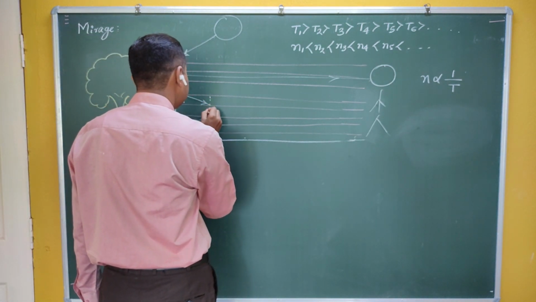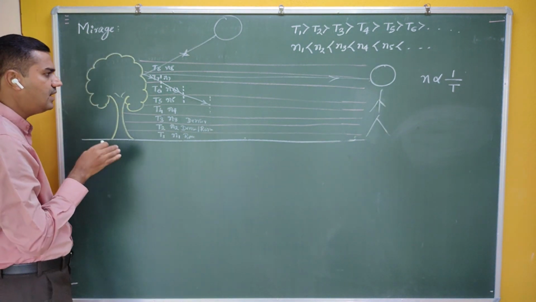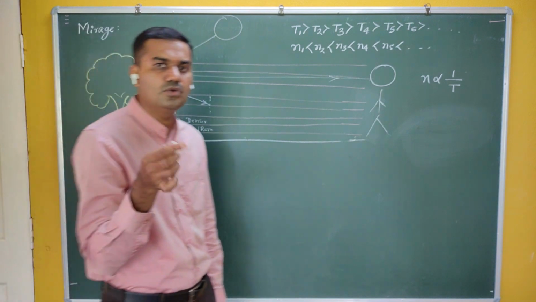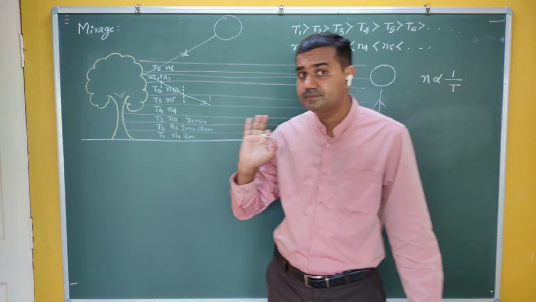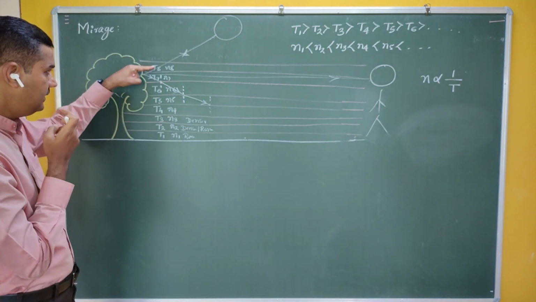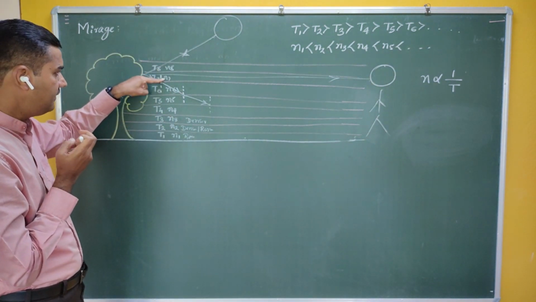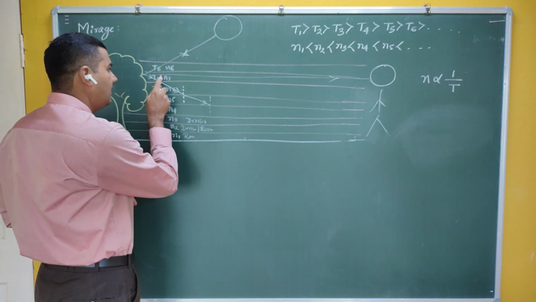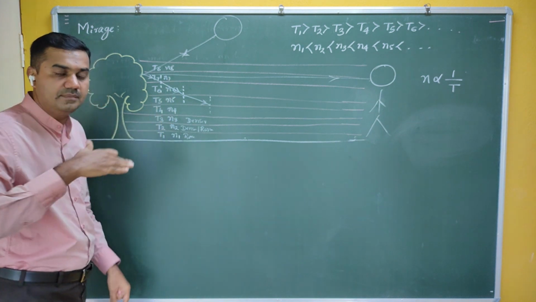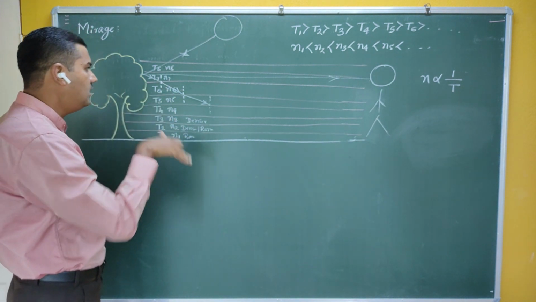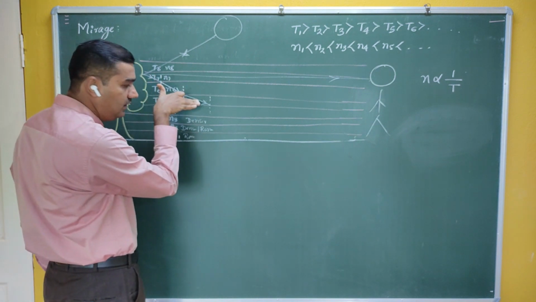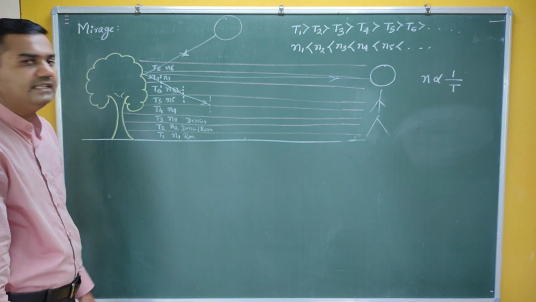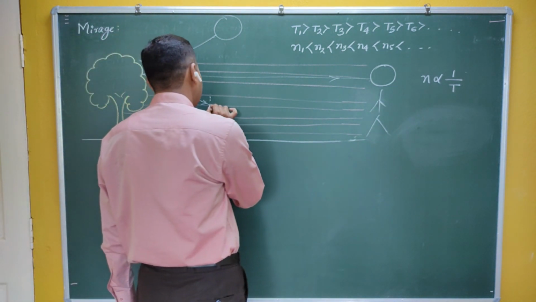And you can see here, as it bends away from the normal every time, the angle of incidence in each layer goes on increasing. Are you getting me? 8 and 7, 8 is denser, 7 is rarer; 7 and 6, 7 is denser, 6 is rarer. So when light moves from denser medium to rarer medium, it bends away from the normal, and in each case the angle of incidence goes on increasing. So finally, what happens for a particular layer in the denser medium?